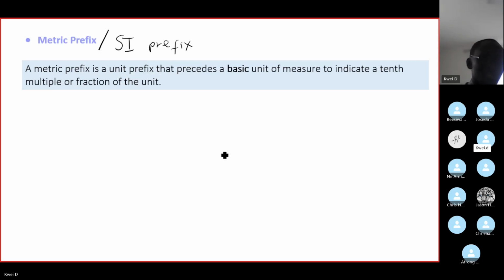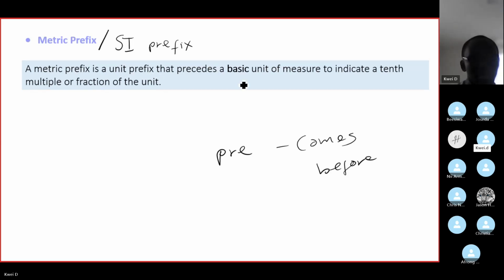Prefix, so pre, meaning comes before. It's a unit prefix that precedes a basic unit of measure to indicate a tenth multiple or fraction of the unit. So it comes before a basic unit.